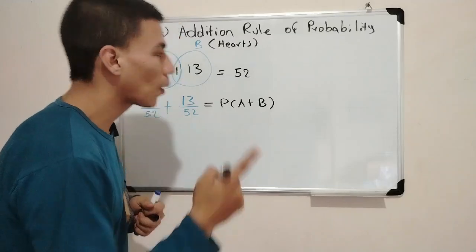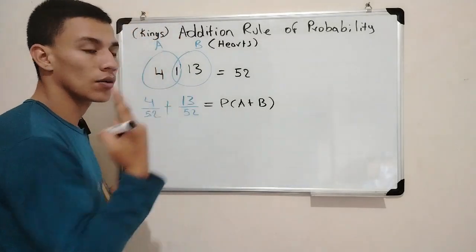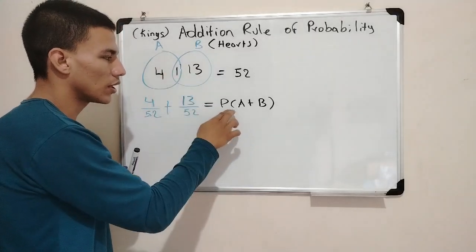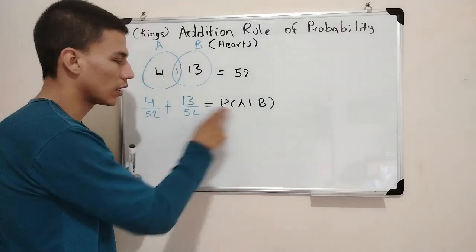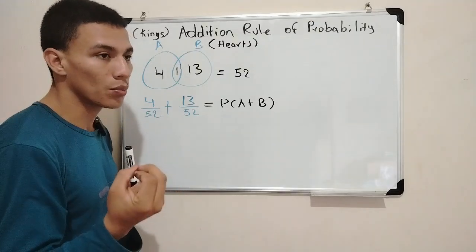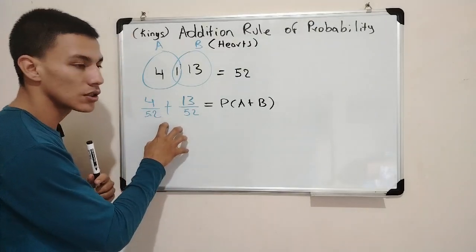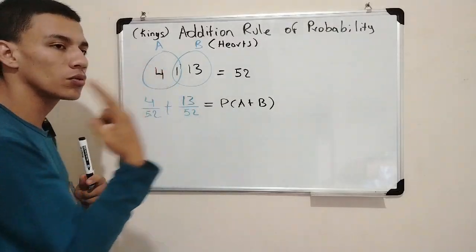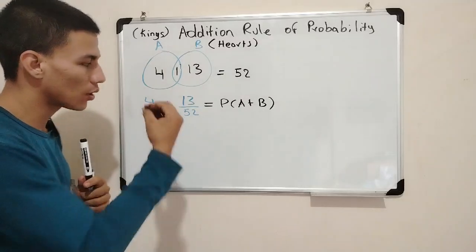And what about this card that is repeated in both sets? If you count it here, we just add these two, and we will have one card that is added in addition to this. It's counted double. That's what I'm trying to say.